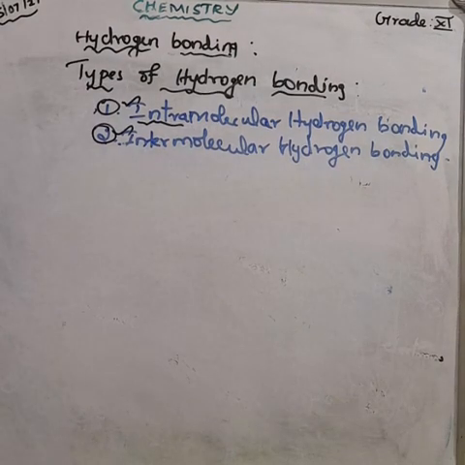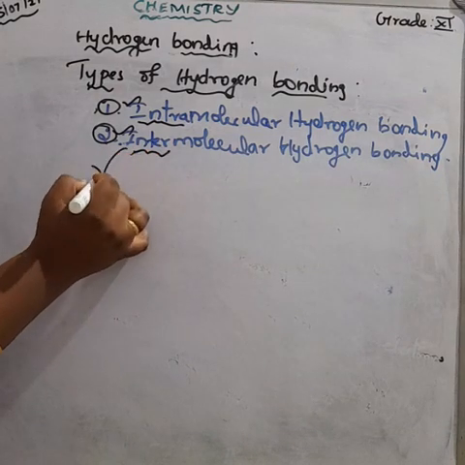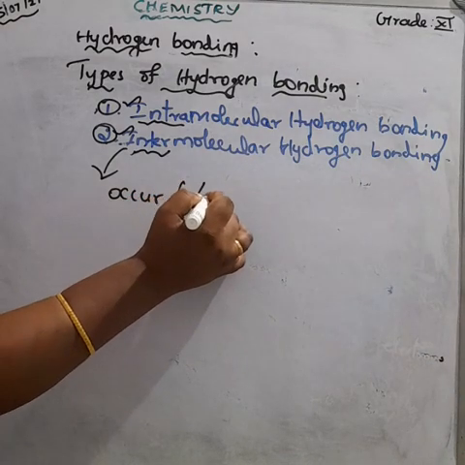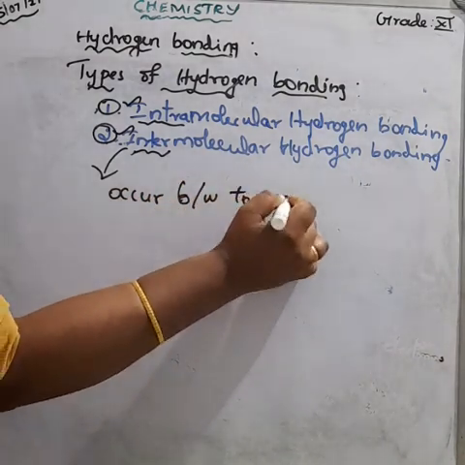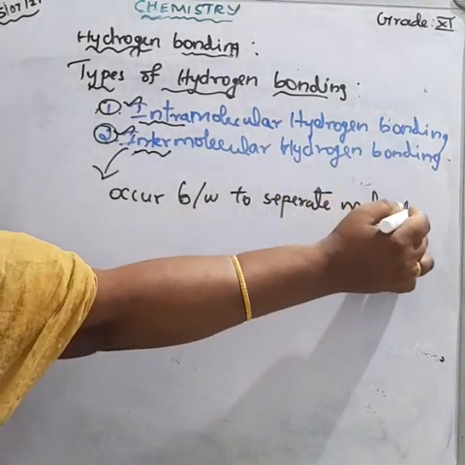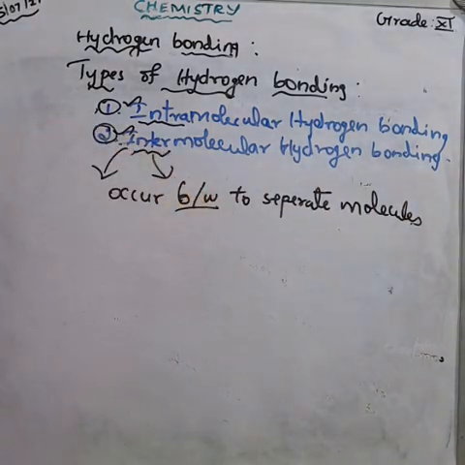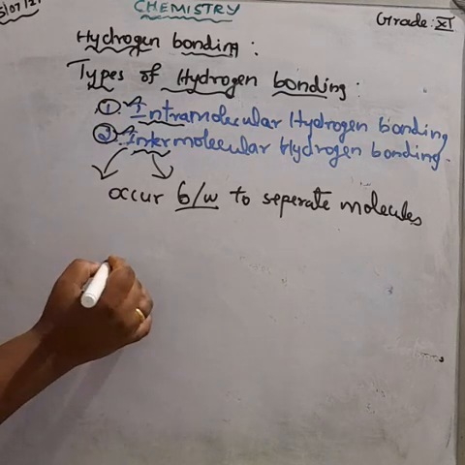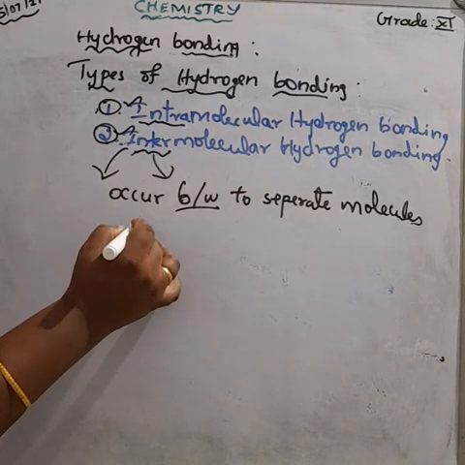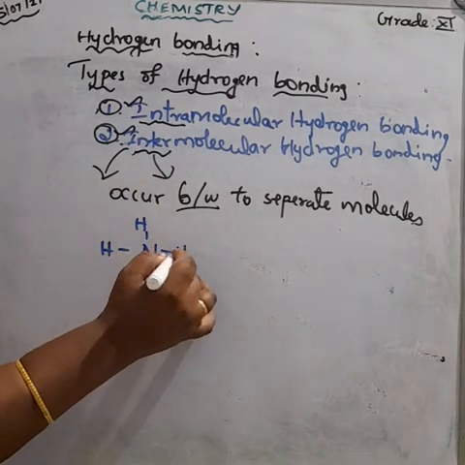And then intermolecular hydrogen bond. Intermolecular hydrogen bond occurs between two separate molecules, that is like or unlike molecules. Inter means between. So an intermolecular hydrogen bond is formed between ammonia molecules themselves, or between water molecules themselves, or between ammonia and water. Ammonia, the formula is NH3.